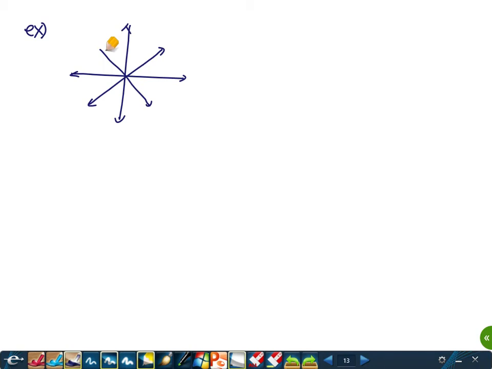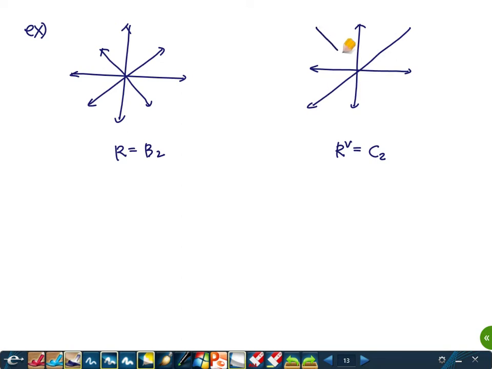So this is B2, so R equals B2, and R check is in this case C2. Why is that? Let's say this is alpha and this is beta.